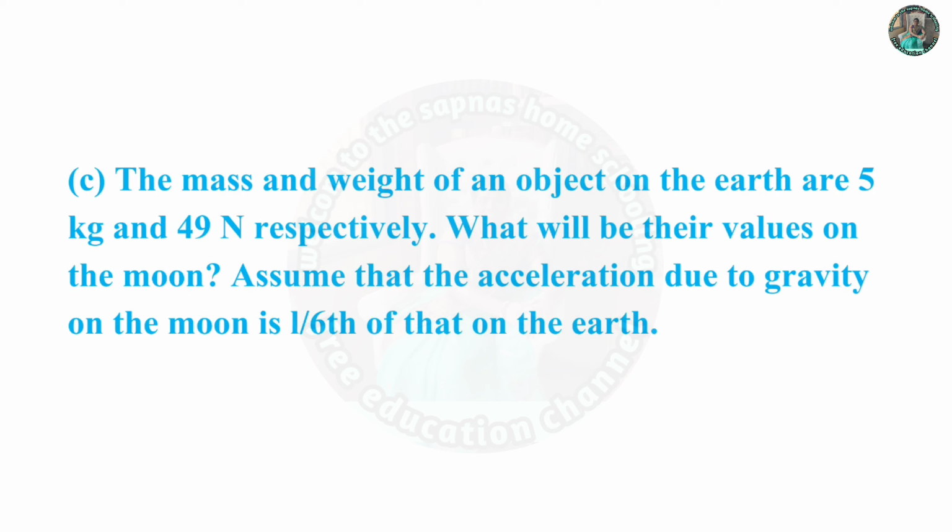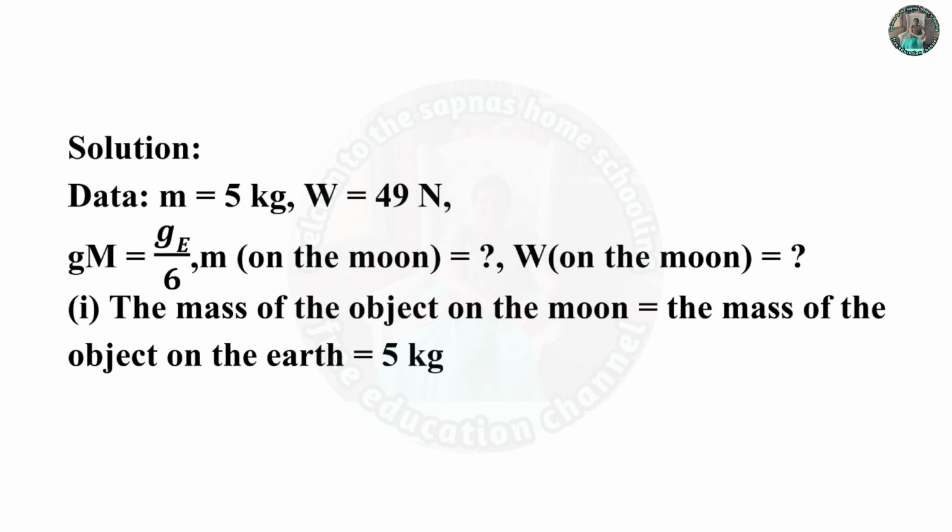C. The mass and weight of an object on the earth are 5 kg and 49 Newton respectively. What will be their values on the moon? Assume that the acceleration due to gravity on the moon is one sixth of that on the earth. Solution. Data. m is equal to 5 kg, W is equal to 49 Newton, gm is equal to ge upon 6. m on the moon is equal to what?